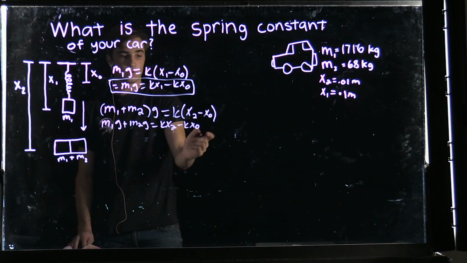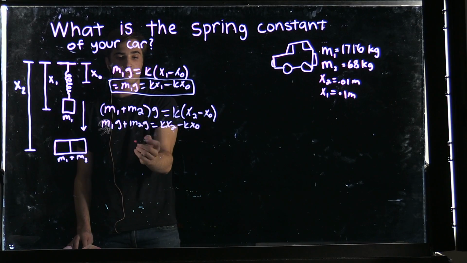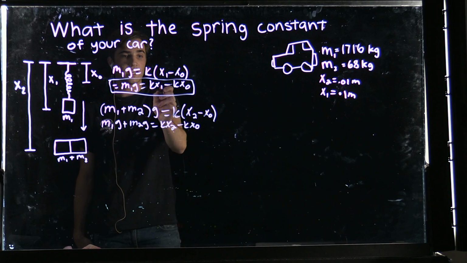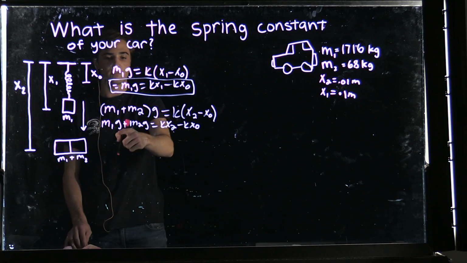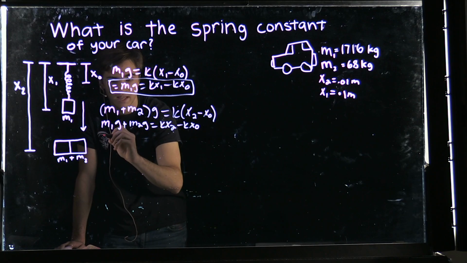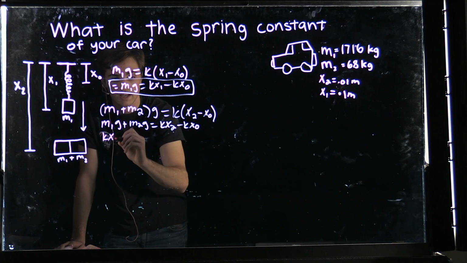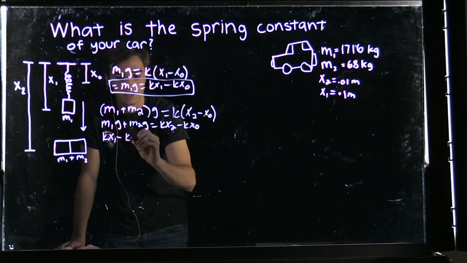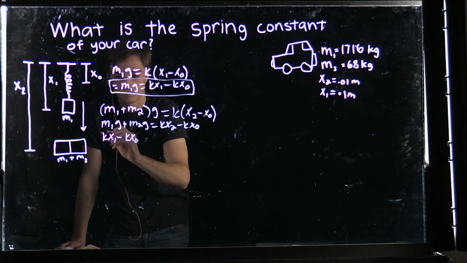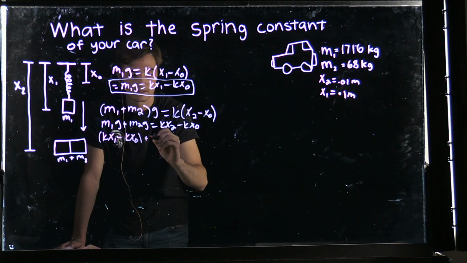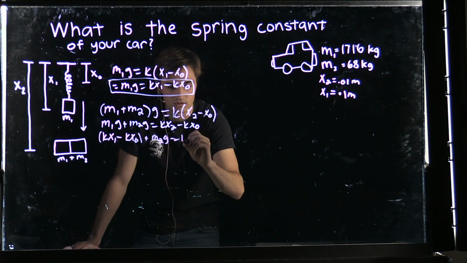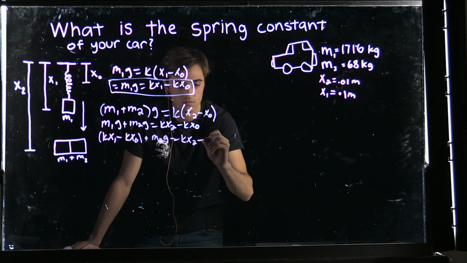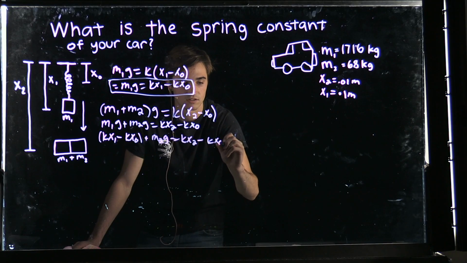Now, if we were to solve this equation for k, we know that m1 g equals k x1 minus k x naught. So we're going to plug in k x1 minus k x naught for m1 g, and get k x1 minus k x naught plus m2 g equals k x2 minus k x naught.